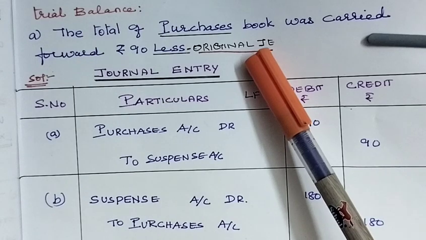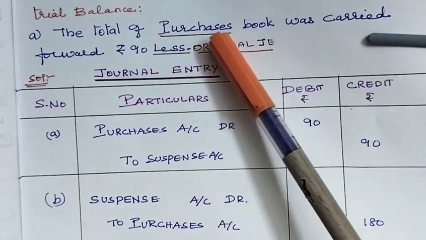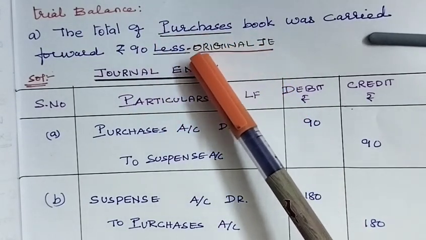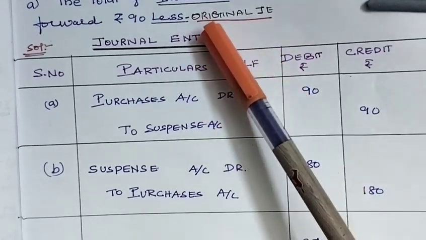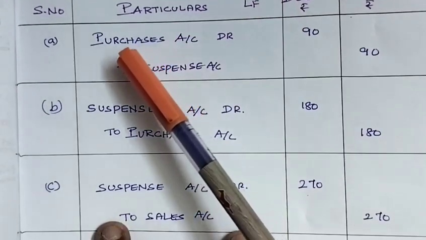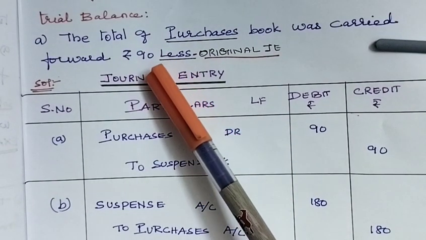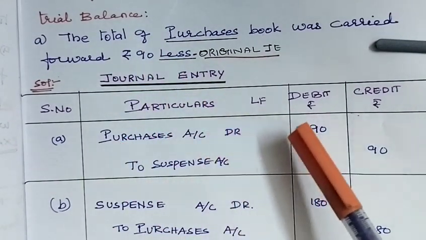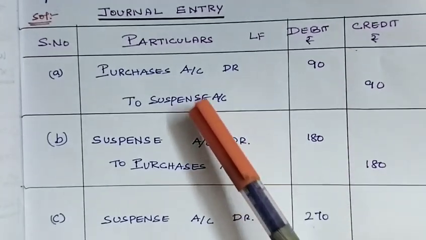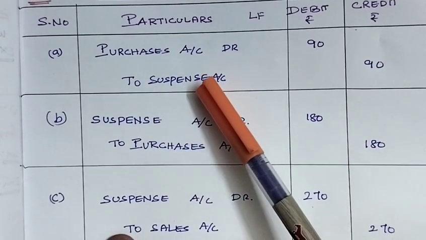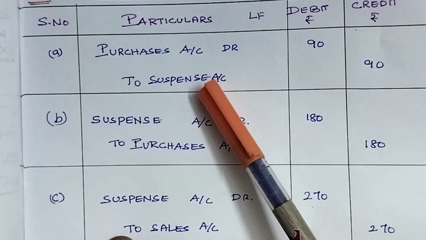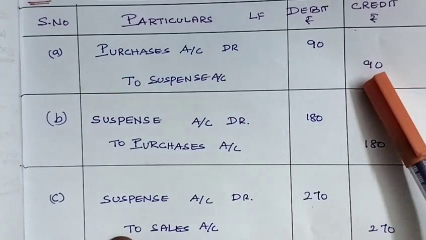What is the account asked here? Purchases account. So what is the original entry for purchases? Purchases account debit, how much? 90 rupees is given here. So purchases account debit 90 rupees. To suspense account, which you have created to rectify the error, on the credit side. So to suspense account 90 rupees.